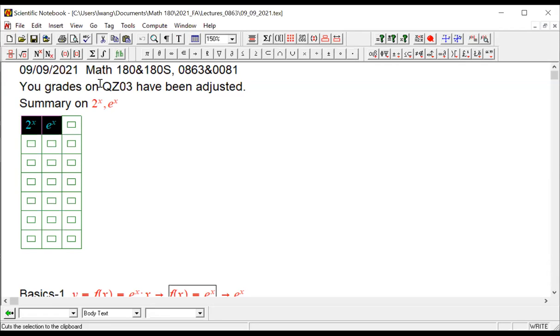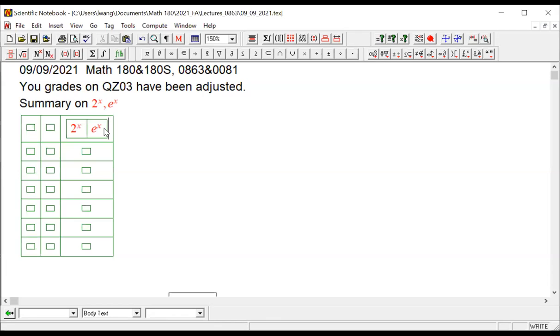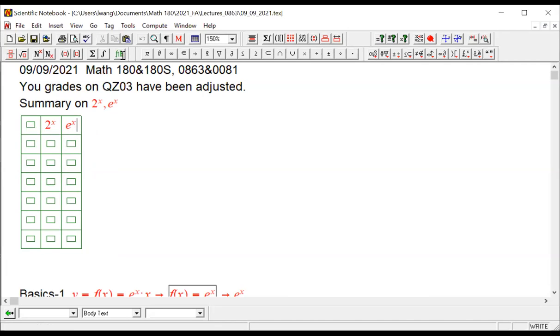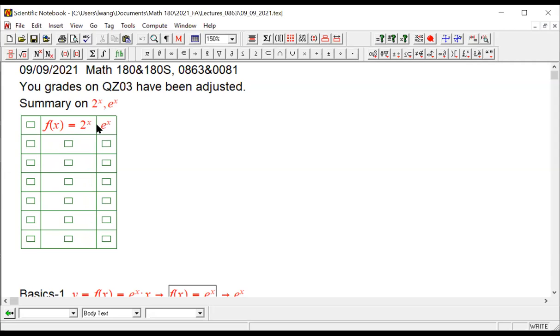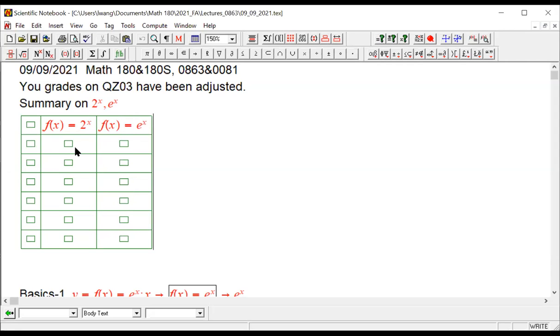Let me put it over here. Functions, our function notation. These are the functions.